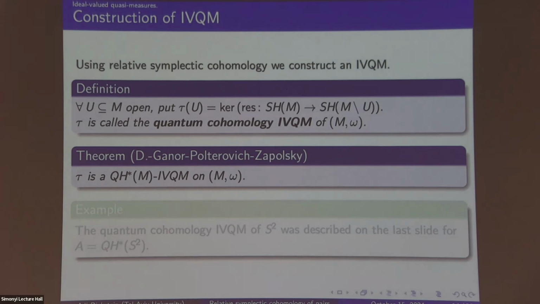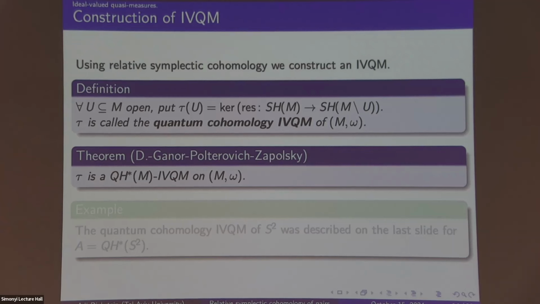Now here I'm cheating a bit, since to give an IVQM that satisfies continuity, we have to do some regularization process and take intersections and unions and something like that. But this is the heart of the construction, this formula.